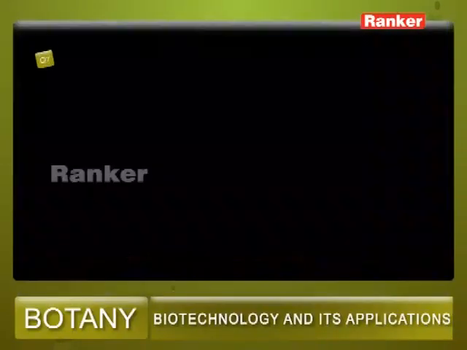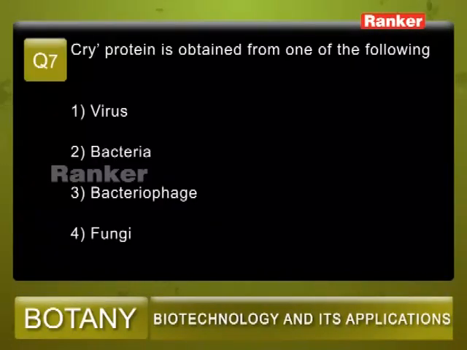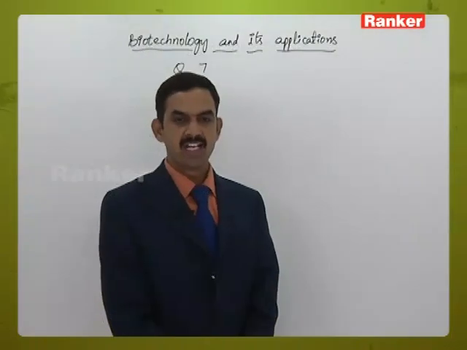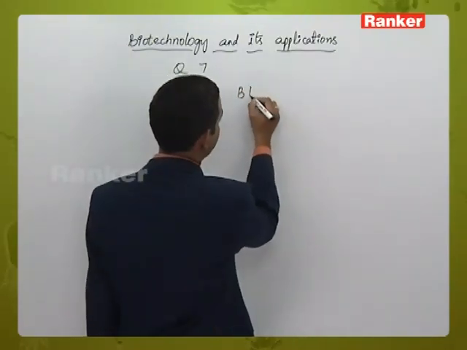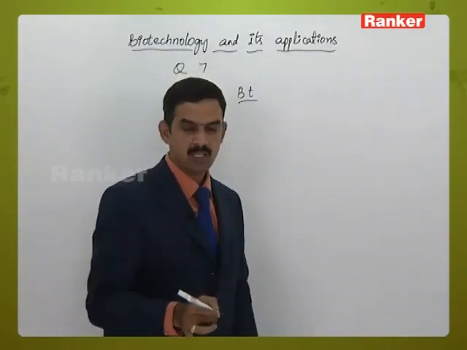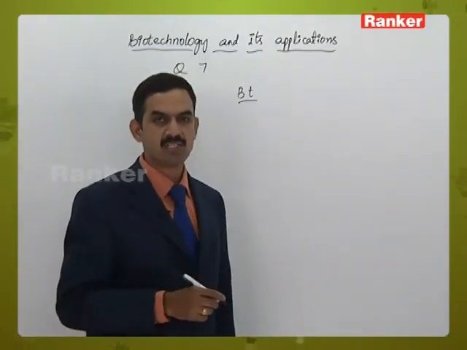Question number 7. Cry protein is obtained from one of the following. Options: 1. Viruses, 2. Bacteria, 3. Bacteriophage, and 4. Fungi. Okay, here this is related to a bacteria called Bacillus thuringiensis, that is what we call BT, and which is used as a biopesticide.